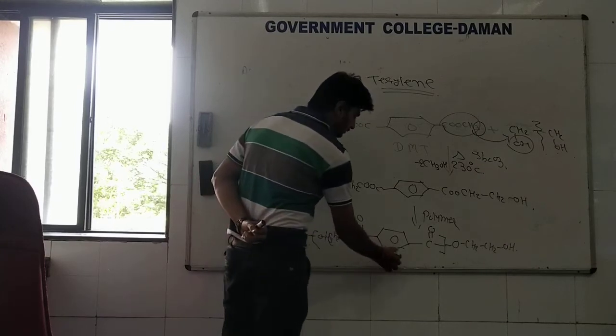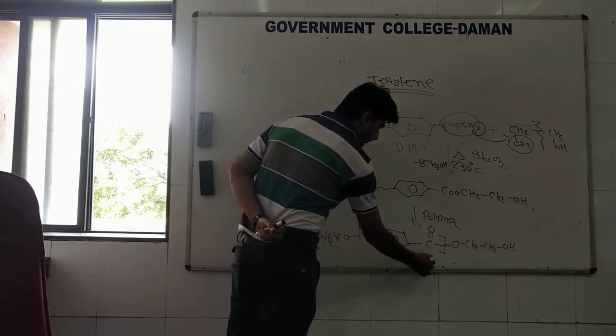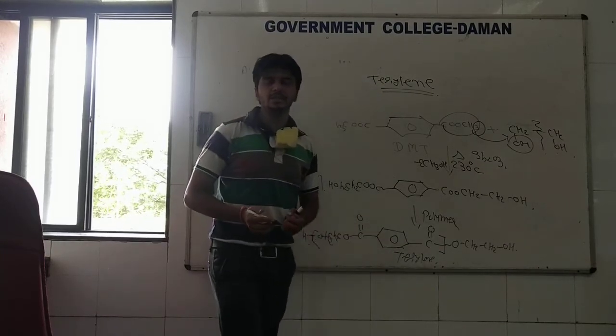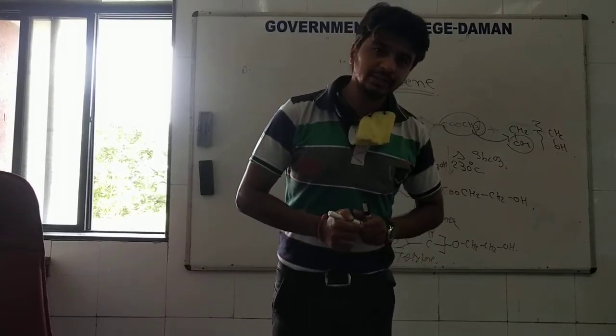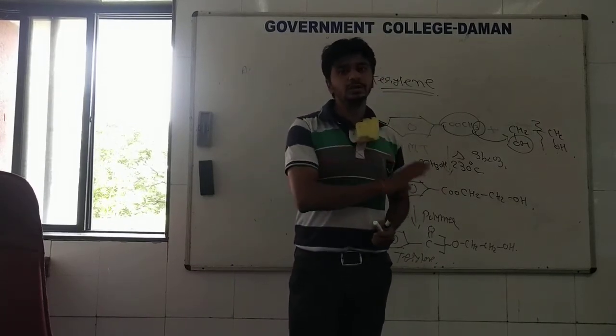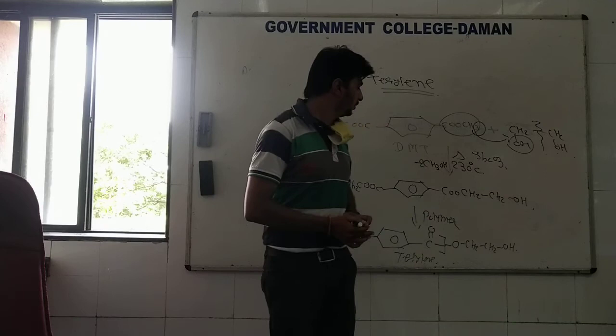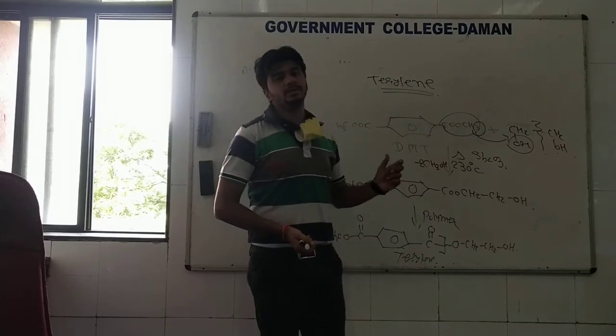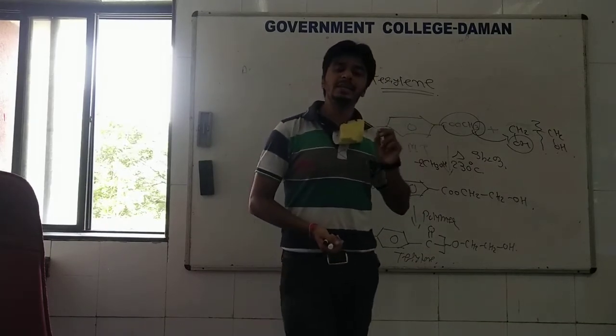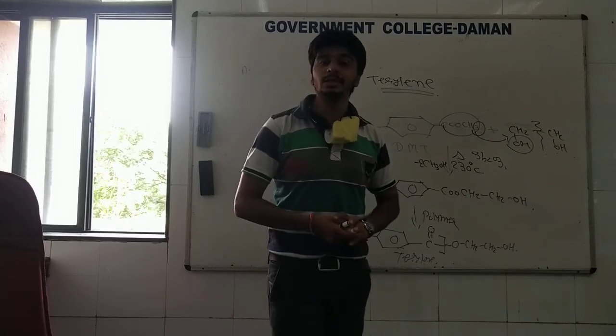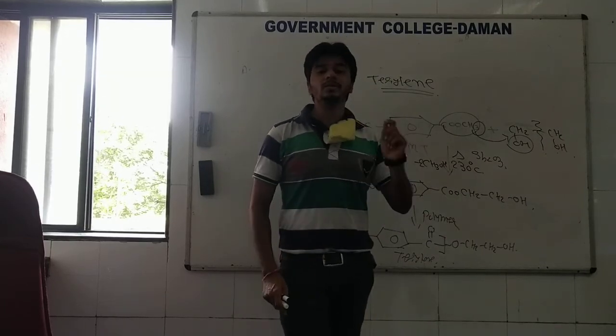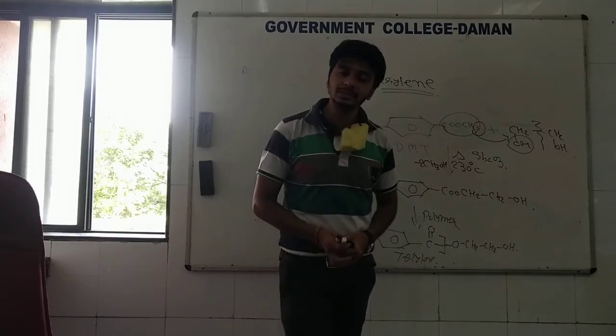So this is known as terylene, and it has different names. It is also known as Dacron, and it has various applications in the field of fibers. Generally, it has very good water resistance properties.